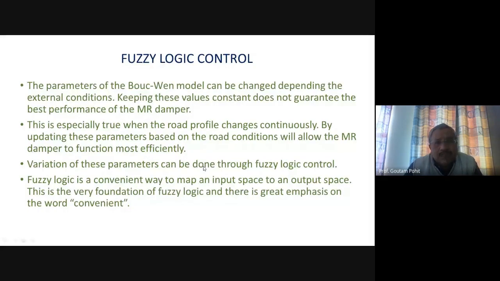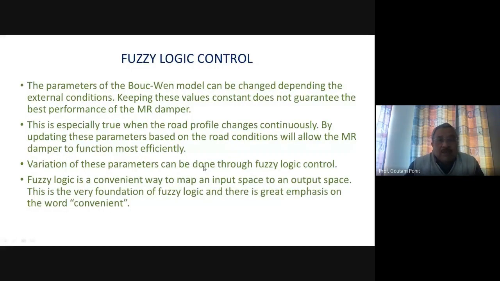Now, this is the next phase of work we have done at Jadavpur University. So we have used a Bouc-Wen model to model an MR damper. Then we give some road inputs and find out the response of the system, considering the unsprung mass, sprung mass, everything for a car.